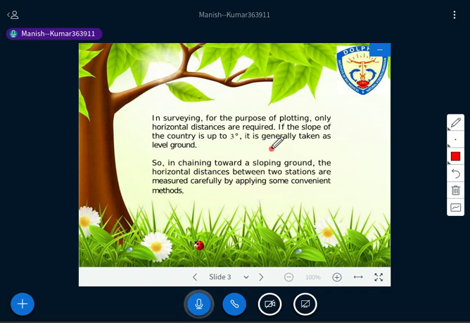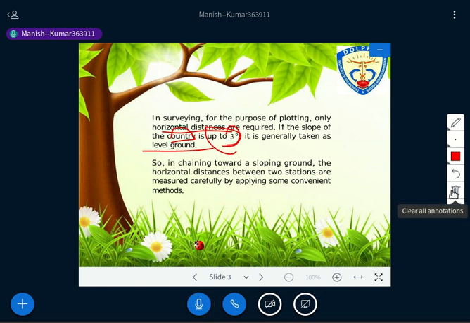As you just read on the slide itself, horizontal distance is required, and there is one parameter here. If the slope of the ground is up to 3 degrees, then it is level ground, right? It means if the slope is more than 3 degrees, then you have to consider it as sloping ground. Have you got that?